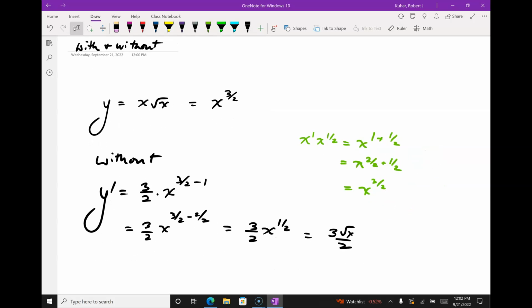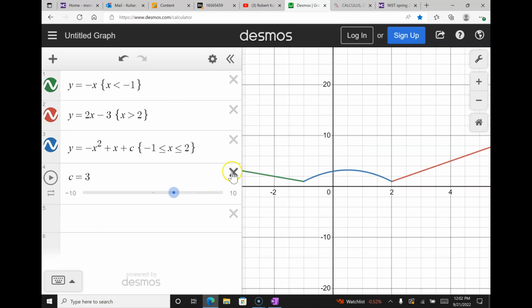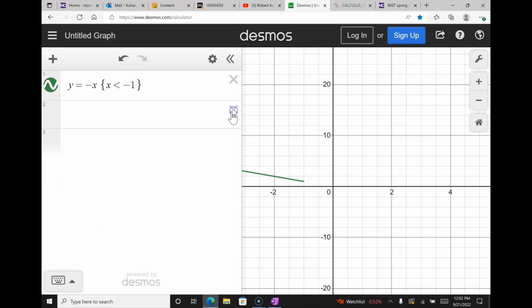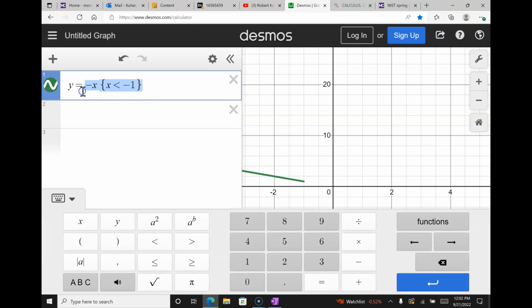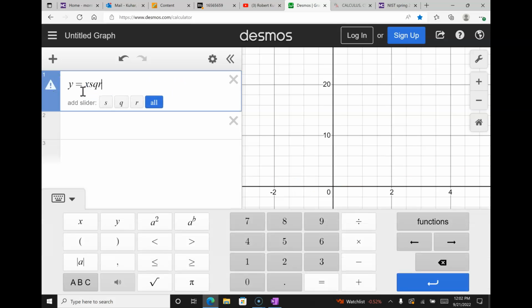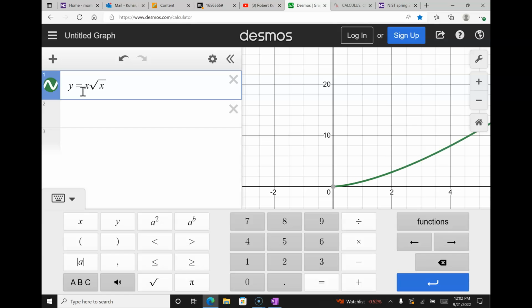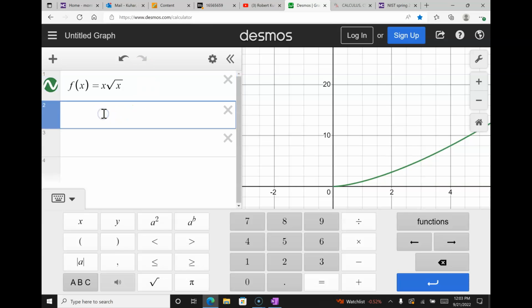We okay? We know how to check this on Desmos, right? Let's check it on Desmos before we do anything else. So I have y equals x square roots of x, right? And then, oh, I want that to be f of x. When I do this, I want this function to be f of x notation so that I can plot y equals f prime of x.